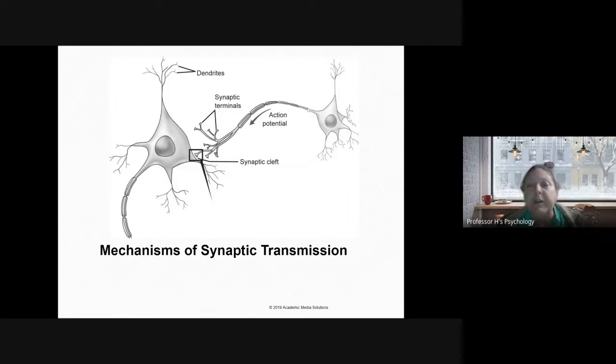When the first one up here opens, the sodium rushes in and some potassium rushes out and some other things happen. Some of these fluids all exchange. But as soon as that happens, this tiny little area of the cellular membrane depolarizes. That means it becomes less negative. It becomes more positive.